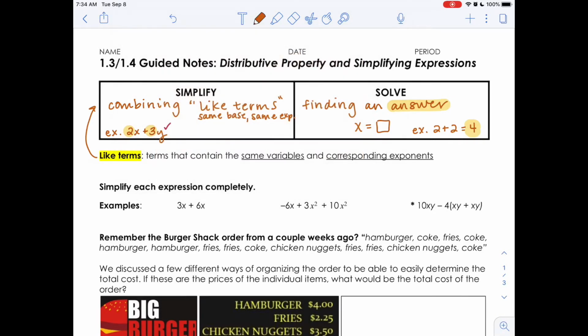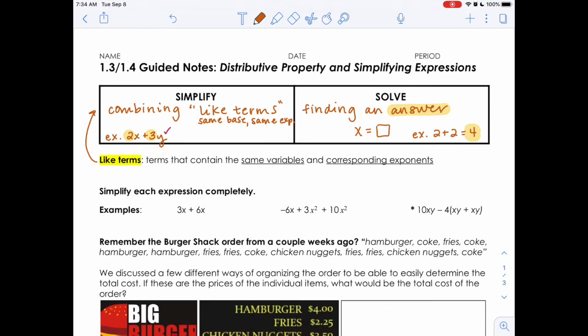But if I had something like 4x squared minus 2x squared, I have 4x squareds. This is where the idea of the exponent comes in. So I have 4x squareds, and I'm taking away 2x squareds.